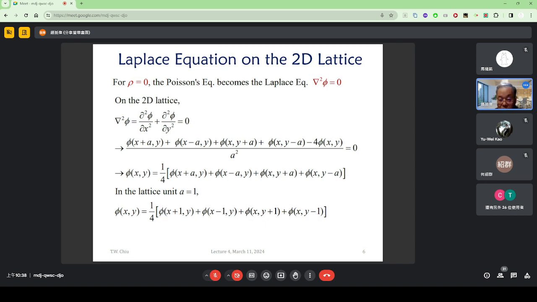They are the neighbors of x, y: left, right, top and bottom. You can label them like this. These are the neighbors of x, y in the x and y directions.